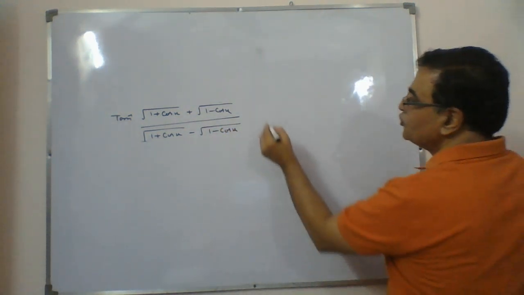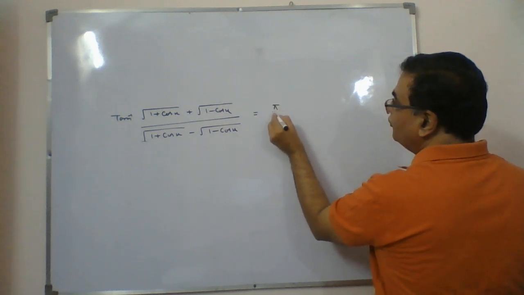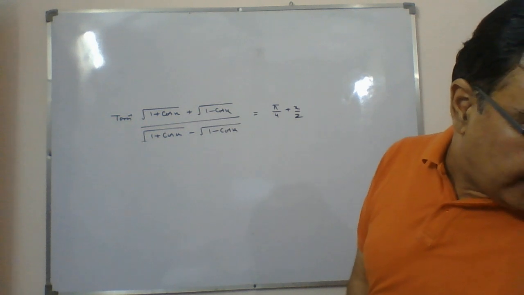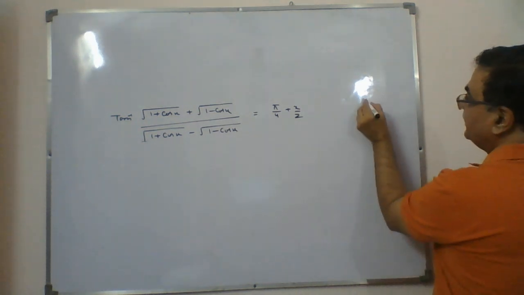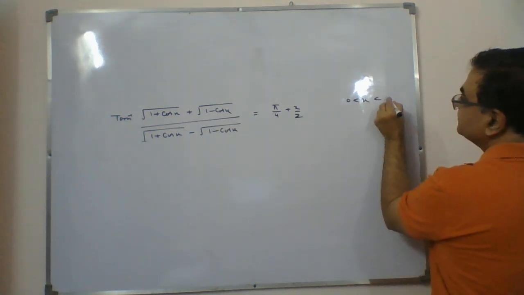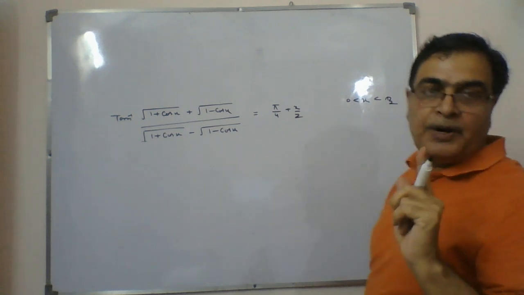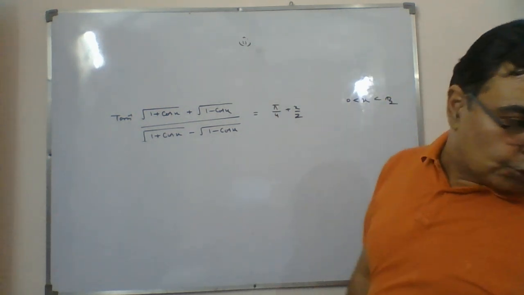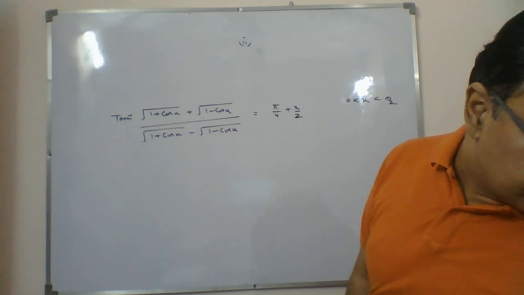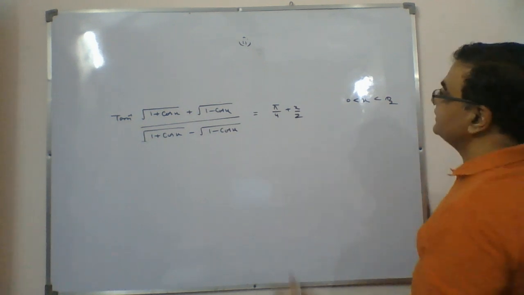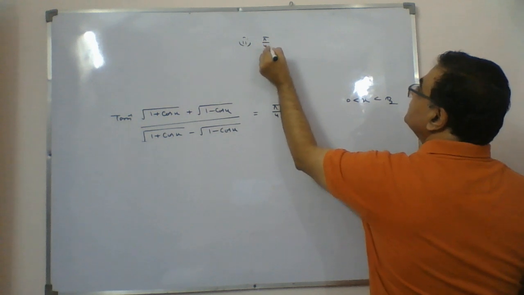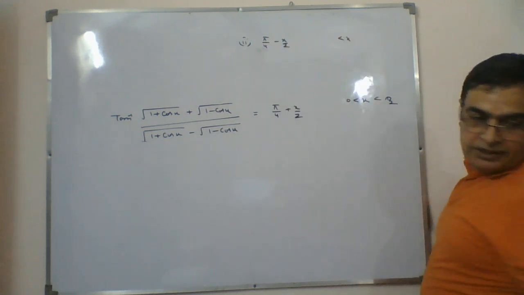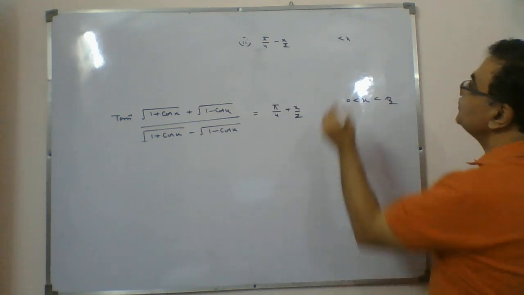And this we have to bring to pi by 4 plus x by 2 when x is between 0 to pi by 2. This is the first part. And in the second part, what we want is that this should be equal to pi by 4 minus x by 2 when x is between pi to 3 pi by 2.